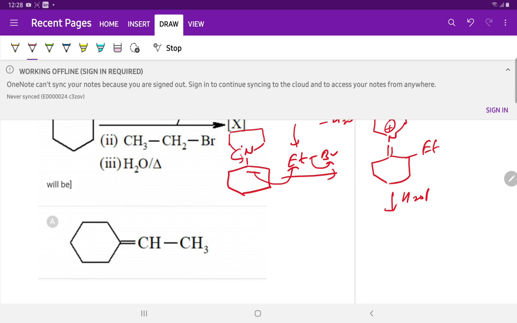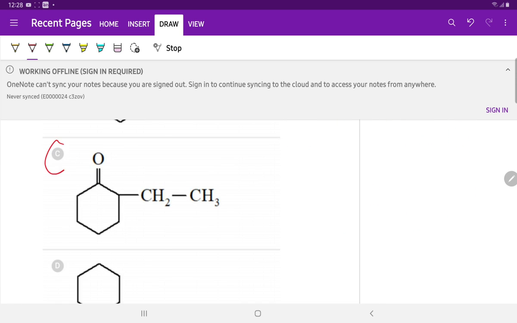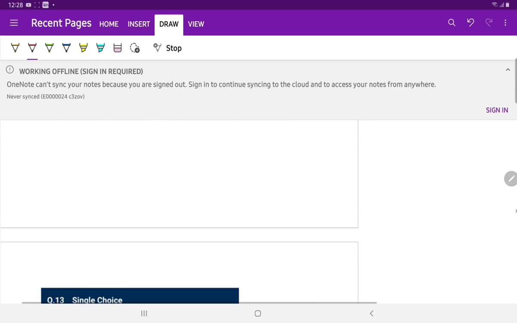In the presence of H2O and H plus, hydrolysis of the enamine, the product is 2-ethyl cyclohexanone. Answer is C for question number 12.